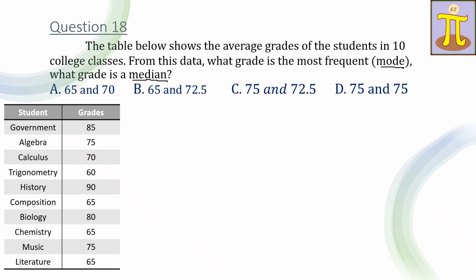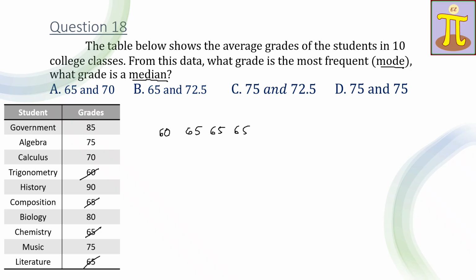So we have to list them all out. The smallest number I can see here is 60, so I write down 60. Then I have my 65 three times, so write down 65, 65, 65.